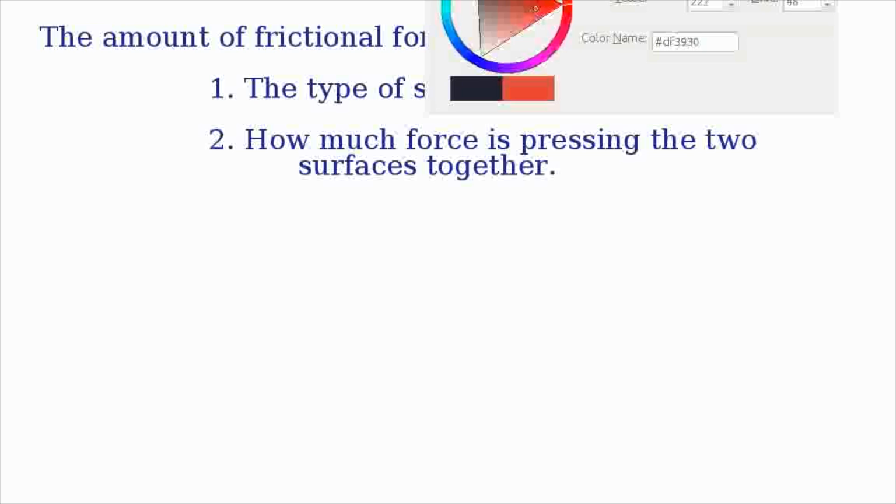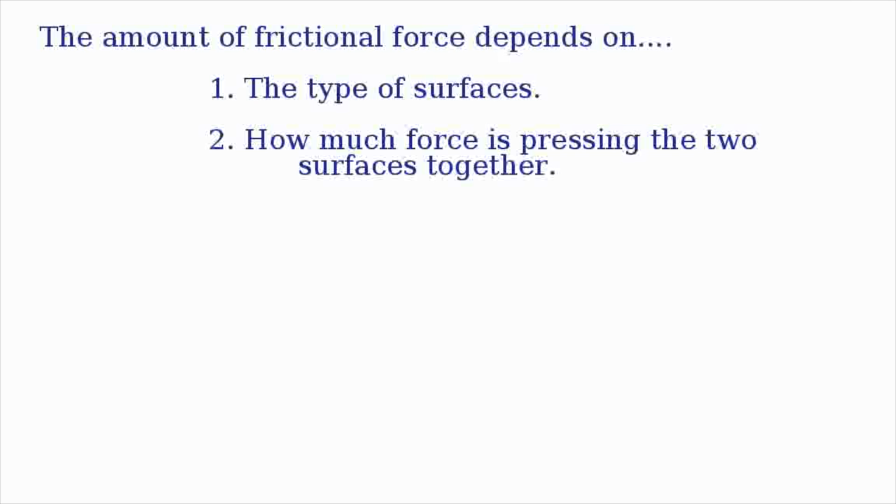So the type of surface, the amount of friction for different combinations of surfaces, is given by a constant, and that constant is denoted by a Greek letter, mu. It's called the coefficient of friction.